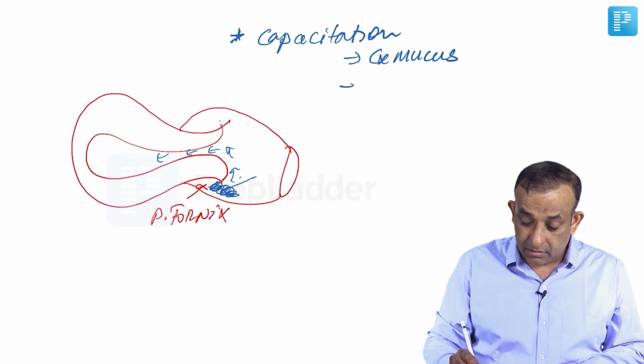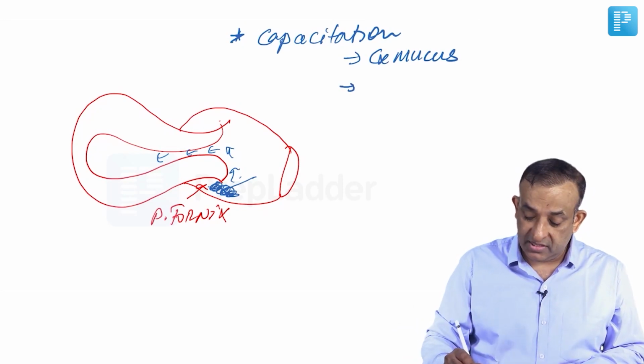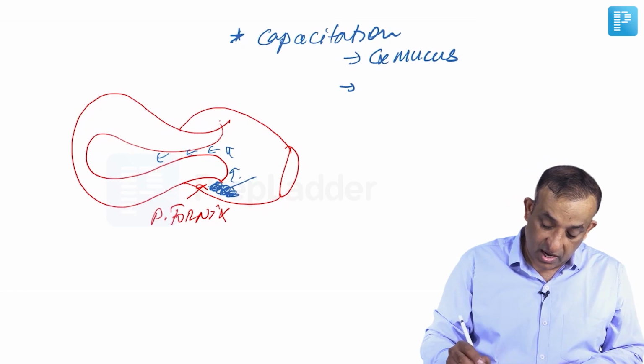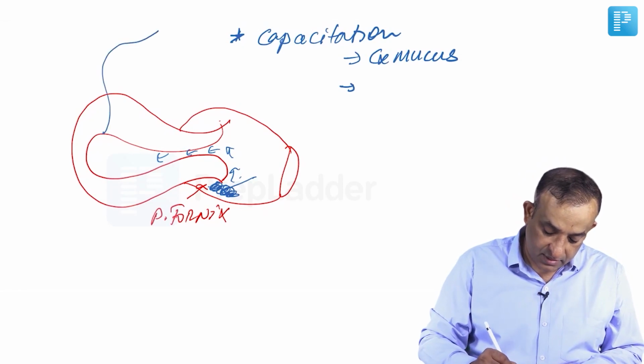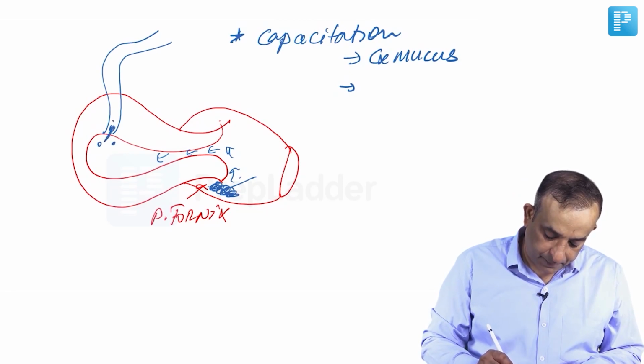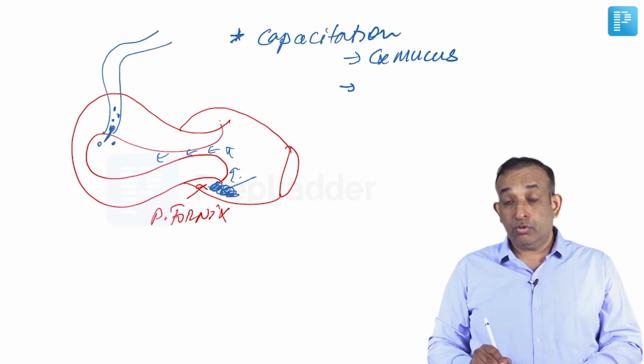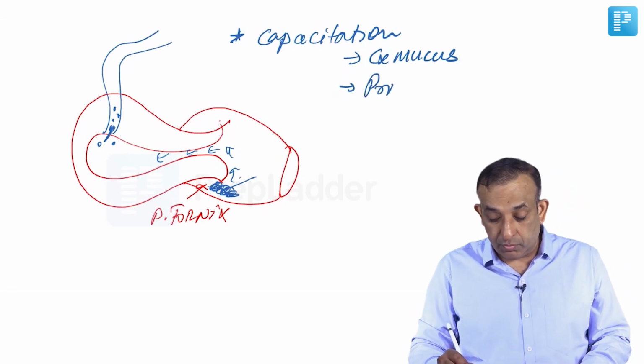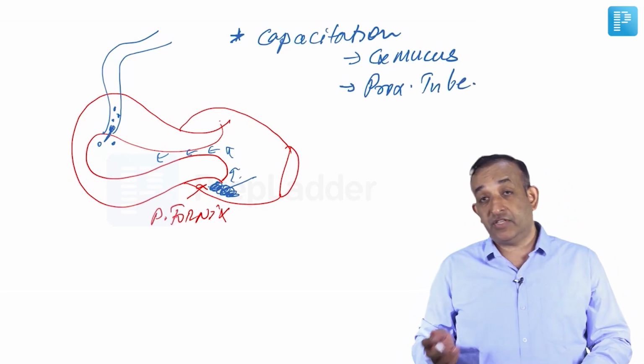But Ganong's physiology book says that it happens somewhat higher, at the, you see the fallopian tube here, they say it happens in the proximal part of the fallopian tube. So, the proximal tube has also come into the fray by the physiologists.